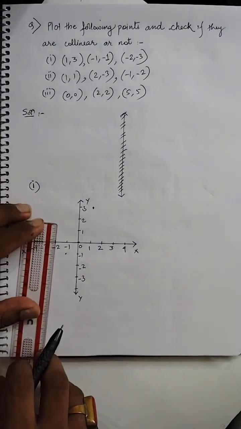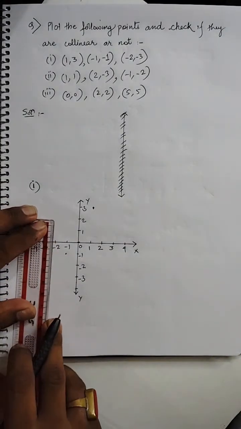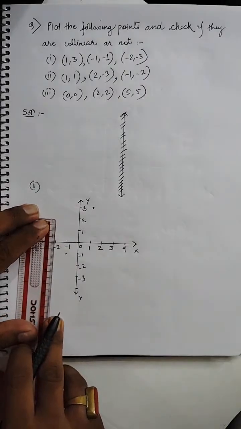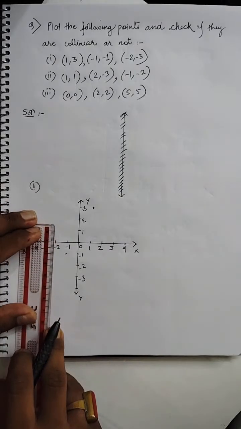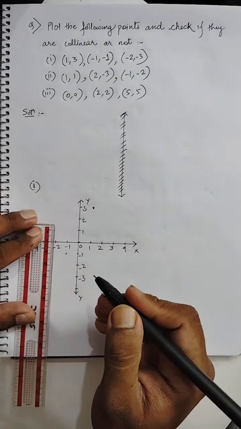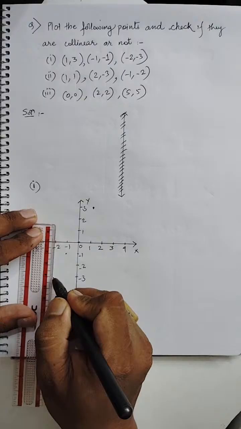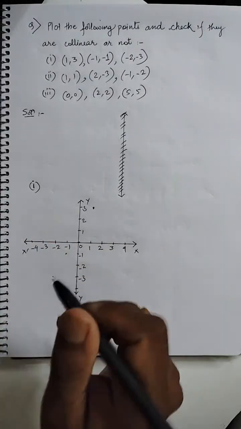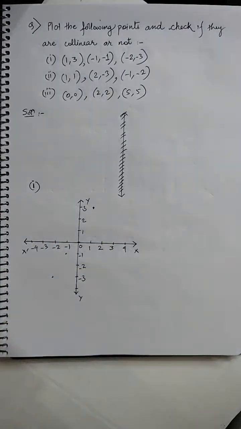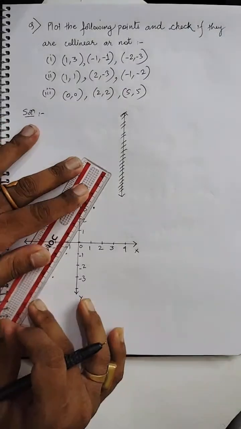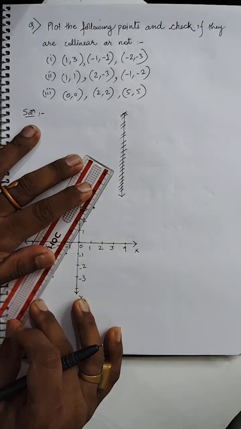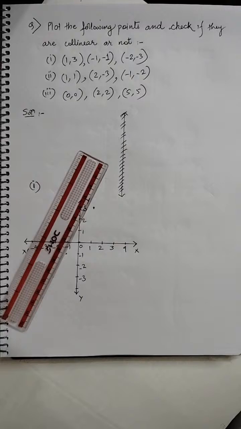So let's take its measurement. So x is -2 and y is -3. So this will come somewhere here. So yes, these 3 points are collinear. If we join them, we can get a straight line. So let us join and confirm.